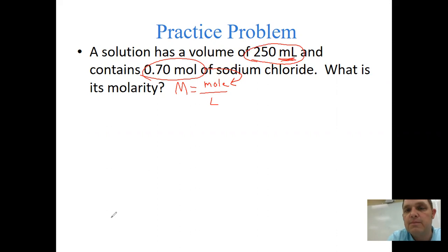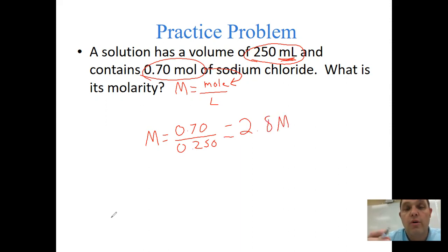That's in milliliters, so we have to change that. You don't have to show me that work anymore. I trust that we can make that quick conversion. This is the only amount of work that I would need to see: 0.70 divided by 0.250 equals 2.8 big M, or you could write moles per liter, but big M is easier, of sodium chloride.